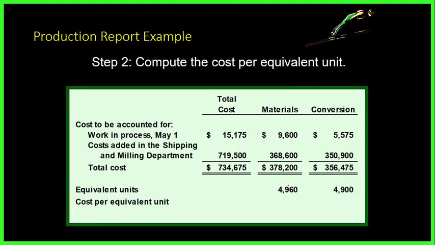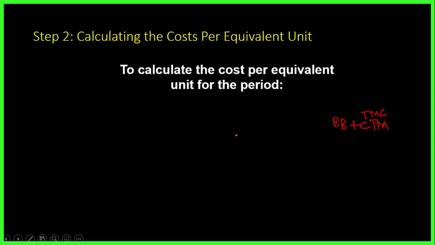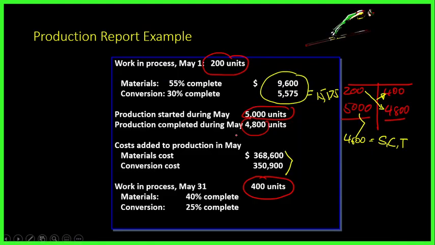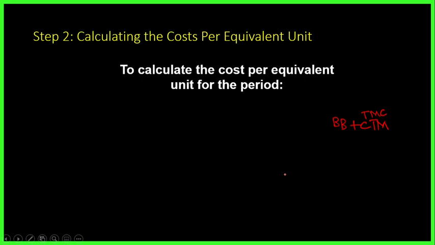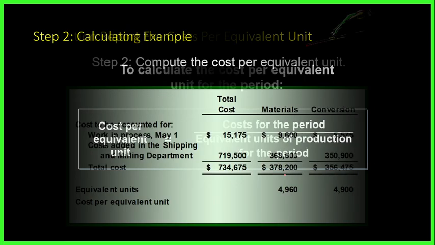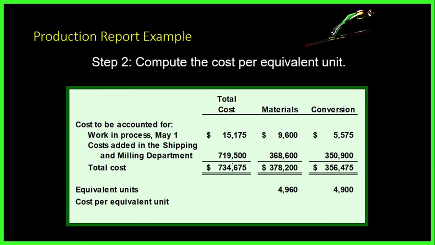So let's try to add that. The beginning, was it 15,175 that we computed earlier? Let's go back. There. Yes, 15,175. Plus the total of these two, which is already here. That's now your cost for the period.